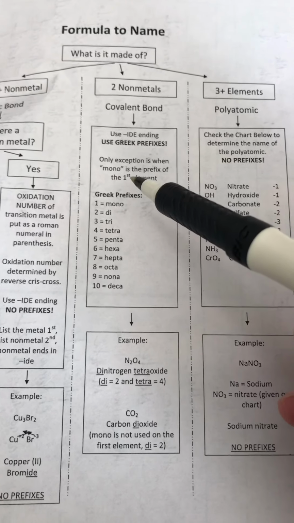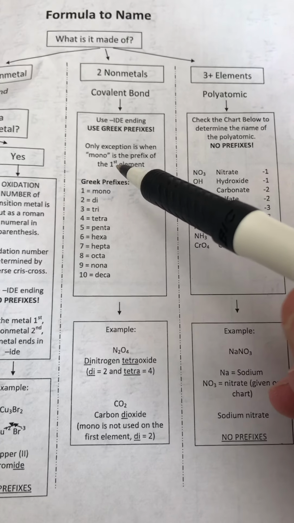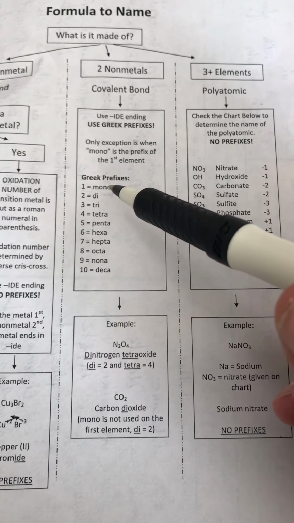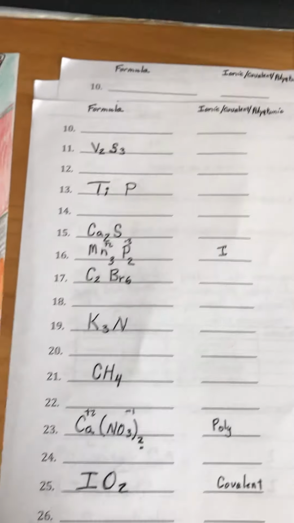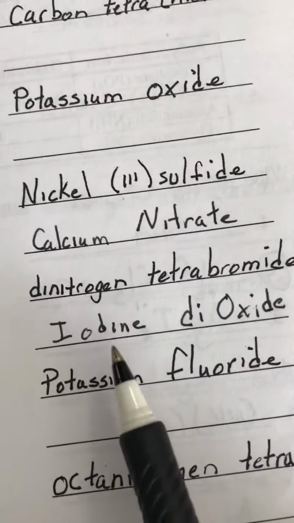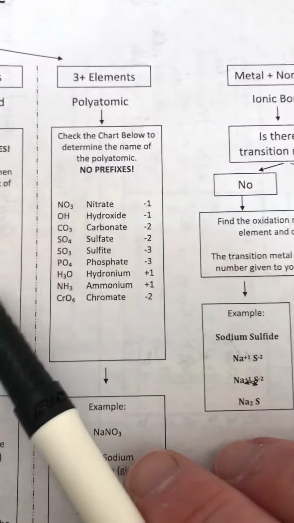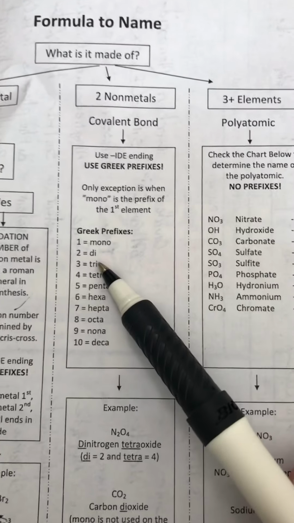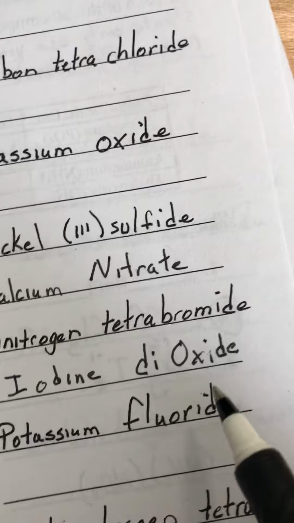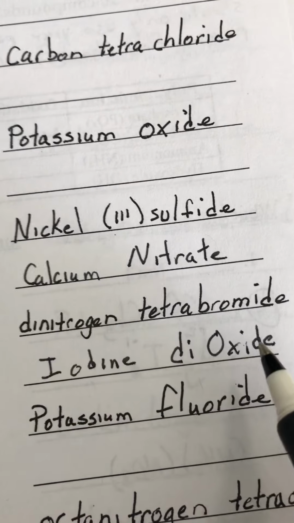The first one, we don't need to put mono if there's only one, so we don't have to write mono calcium. We don't have to write monoiodide. But since we had 2 oxygens here, we need to write the di for the 2 oxygens. Then we get rid of the ending and we write "ide," so it's iodine dioxide.